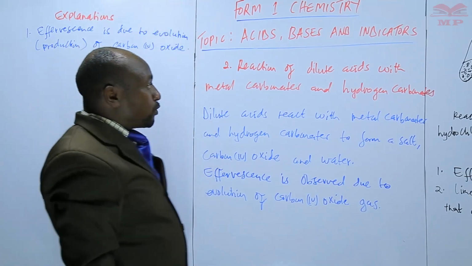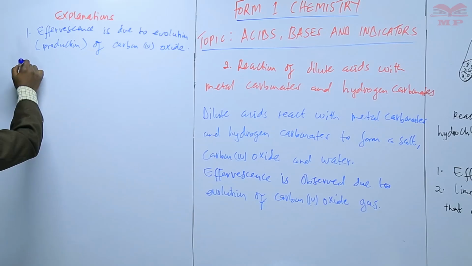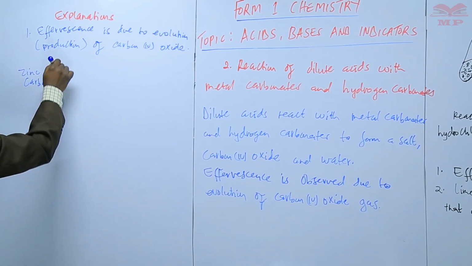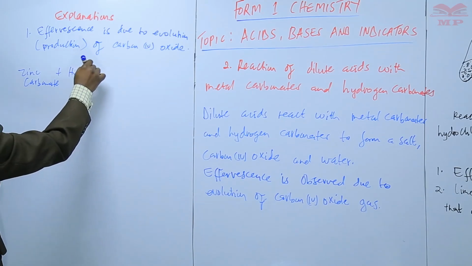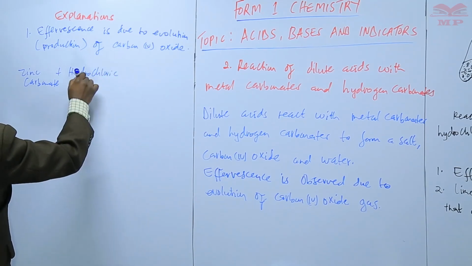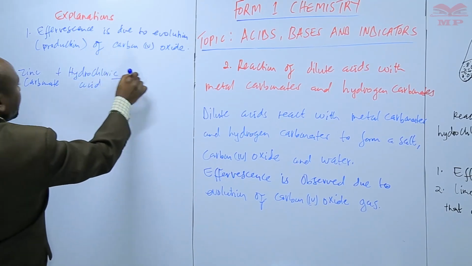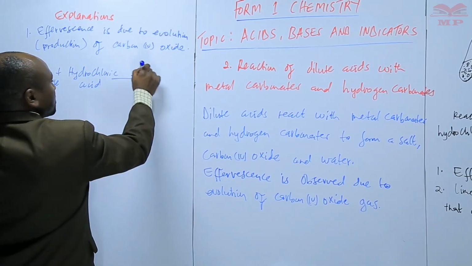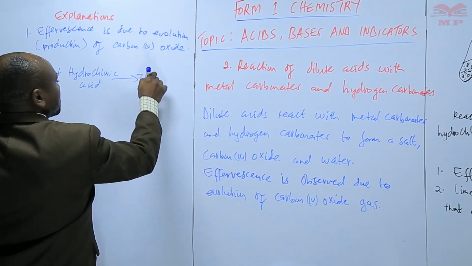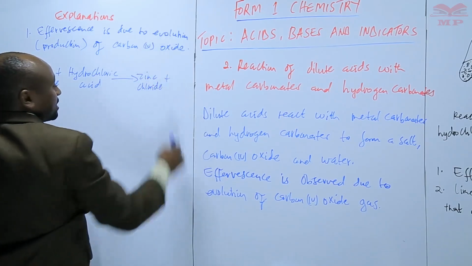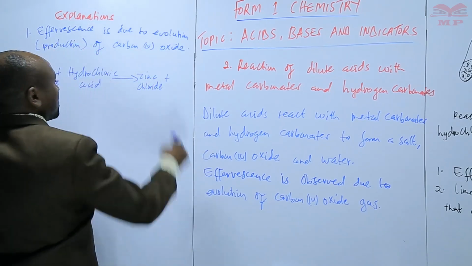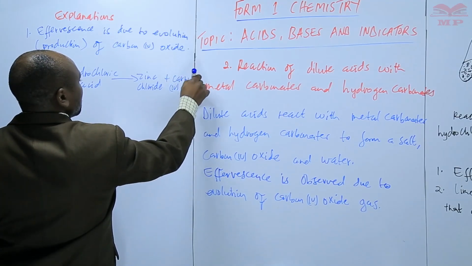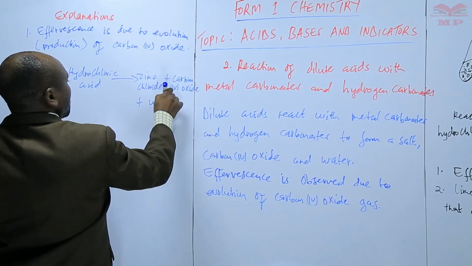So let us write the equation. We are saying that zinc carbonate plus hydrochloric acid will get three products. We'll get zinc chloride, which is a salt, plus carbon 4 oxide, which is a gas, plus water.